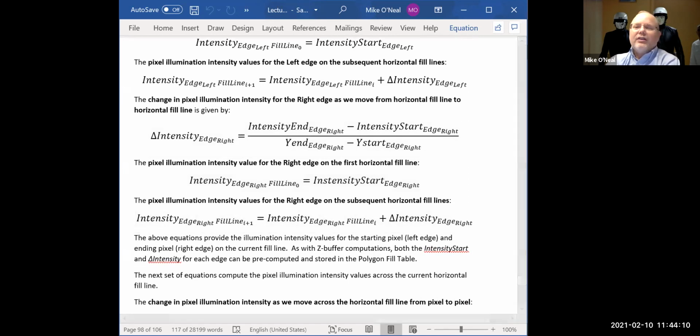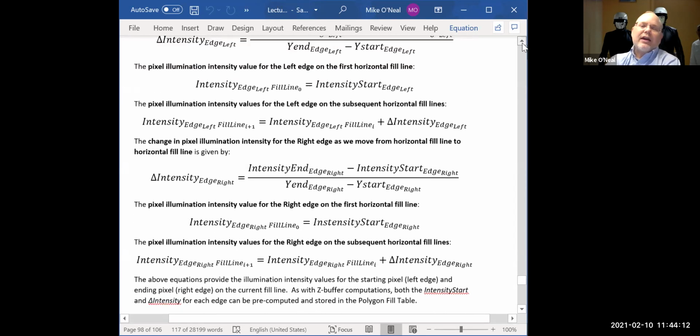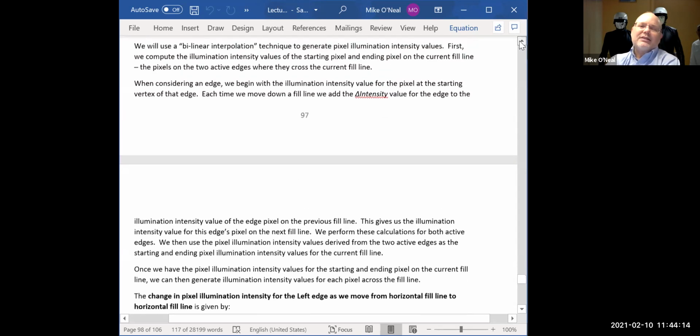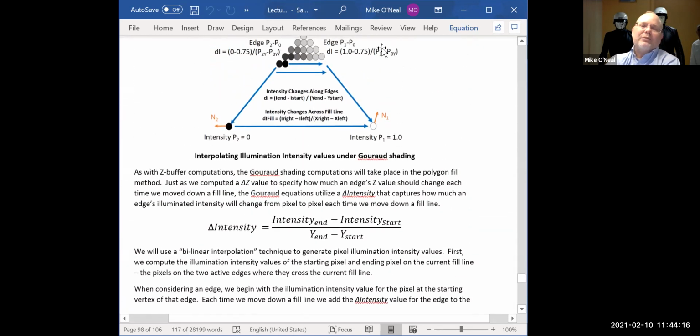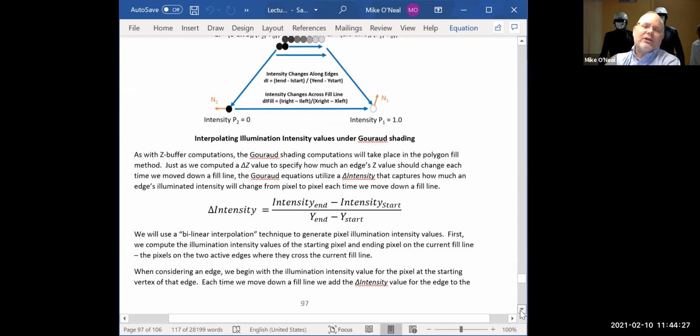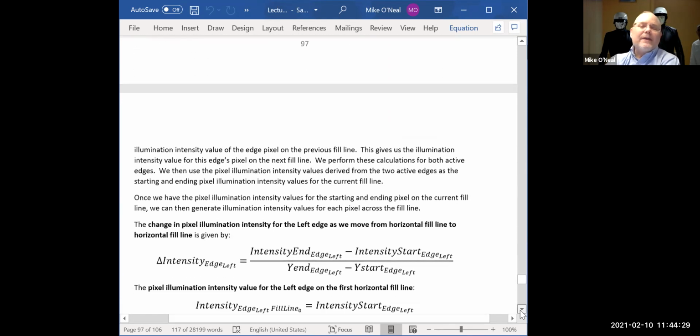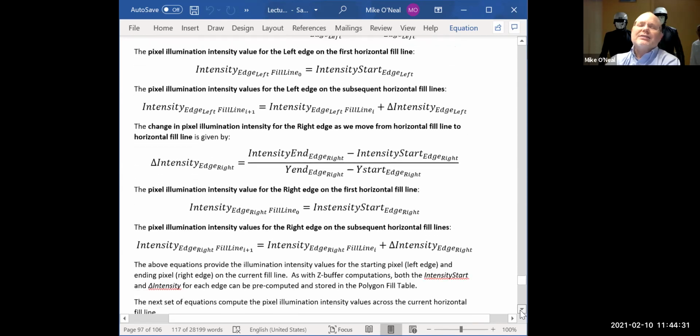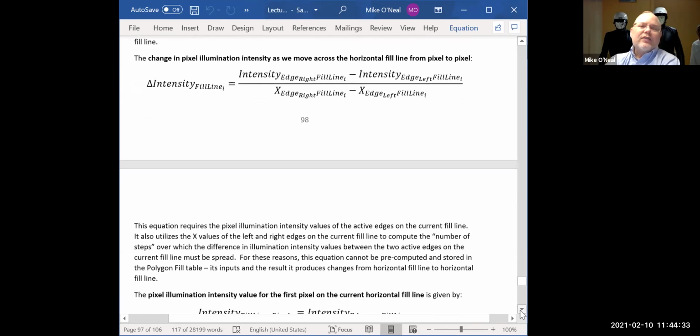So now that I have how to get from intensity to intensity along the left edge and along the right edge for a particular fill line, I can go across. And so that's the 3rd set of equations that take you across. Again, these should look extremely familiar because they're exactly the same equations that we were doing with Z, only now we're doing it with illumination intensities.